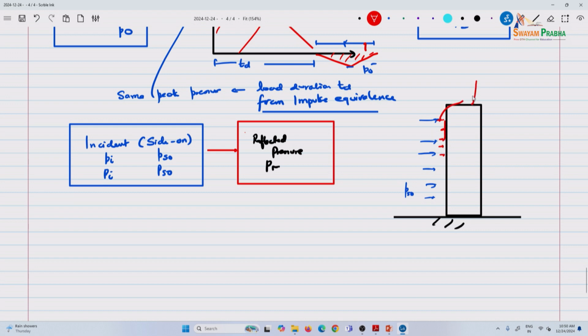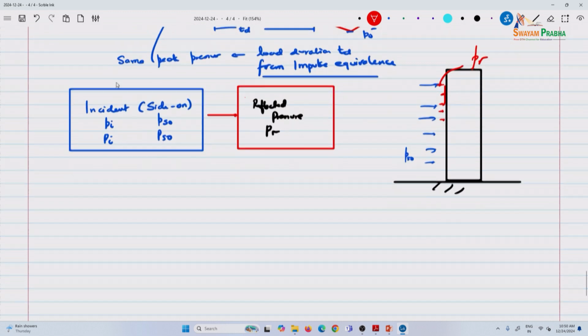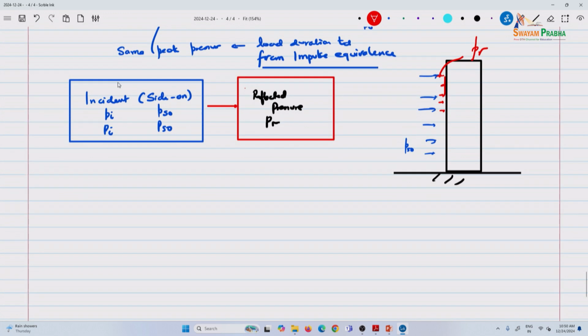This is PR. The stiffness of the structure is not quite considered, although in bio testing, if you are testing specimens related to bio applications, that could come into play. These equations will not be valid there directly because the body can move. So, we are talking of more rigid structures.